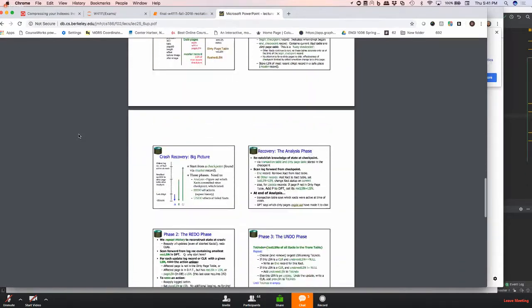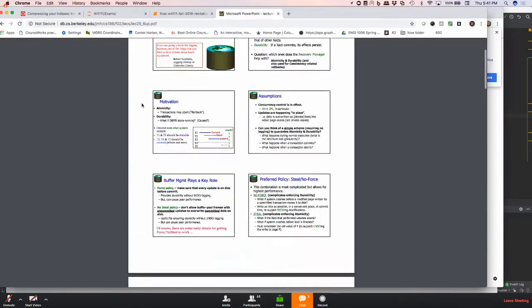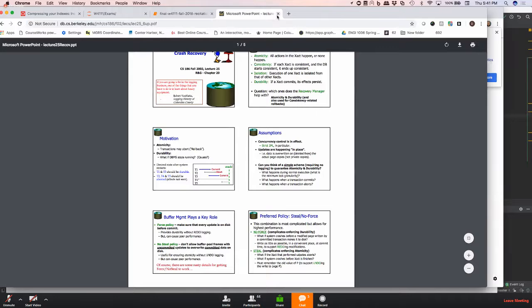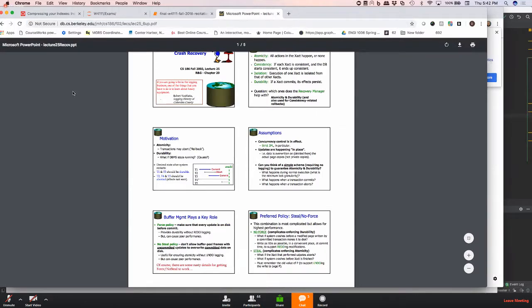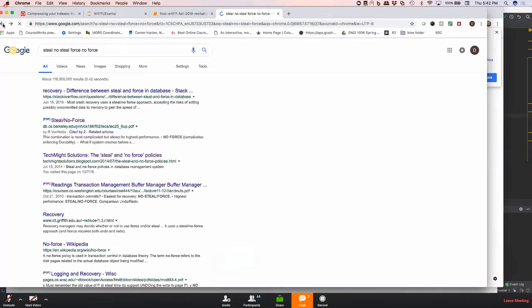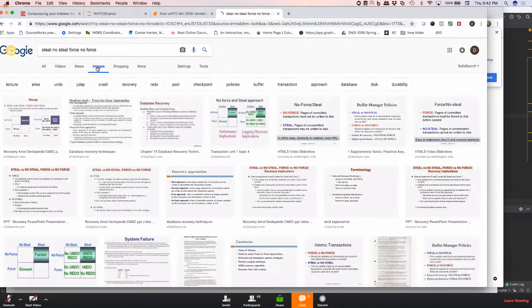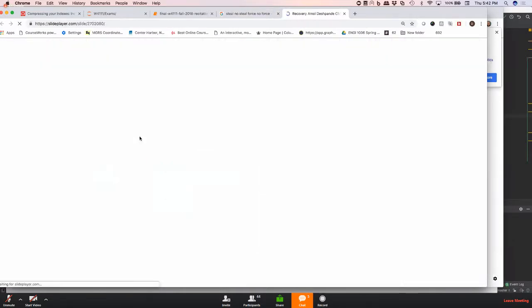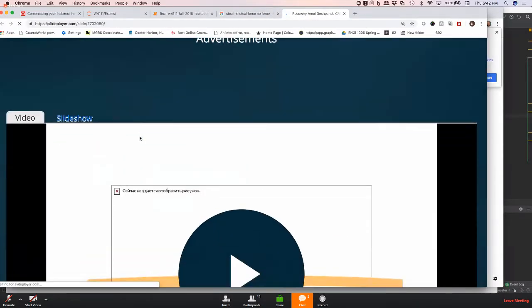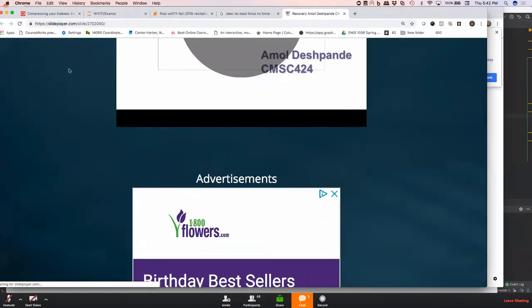There's actually a picture in the book too, so you can look it up. It's not it. So anyway, that's what steal and no steal are. It's actually a section in the book. Let's go find images. So this is, I believe, actually the diagram from the book.